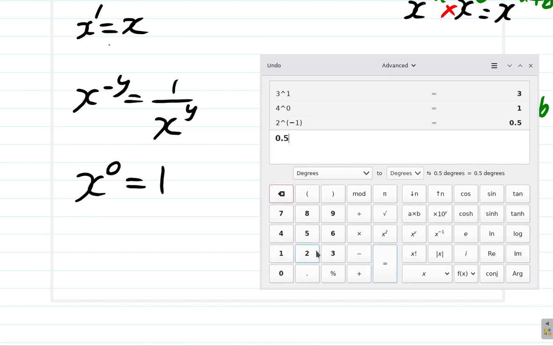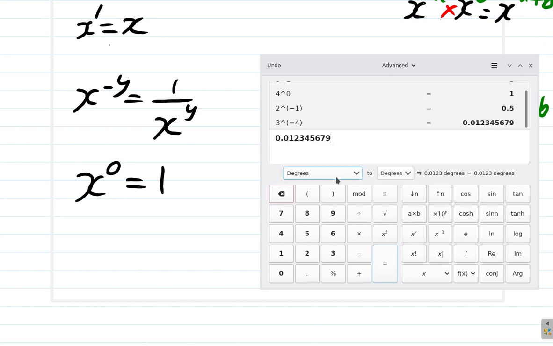Let's try again. Suppose we have 3 raised to the negative 4, close bracket, equal 0.01234567.